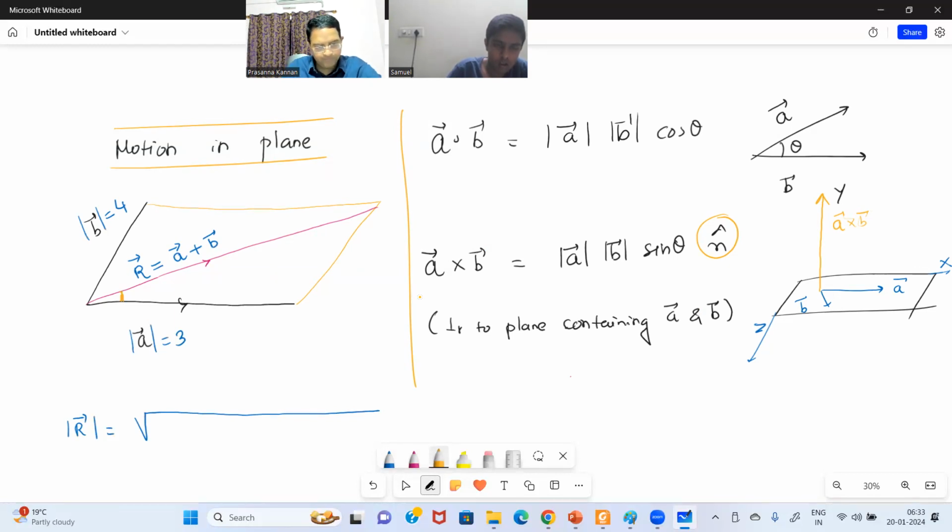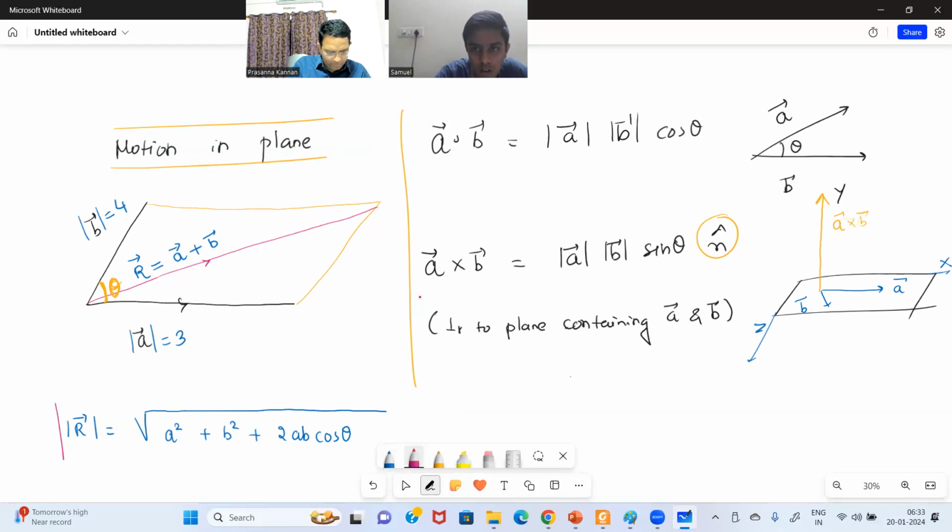So let us say the angle between the two vectors A and B is theta. Then the magnitude of the resultant is given by the root of A square plus B square plus 2AB cos theta.